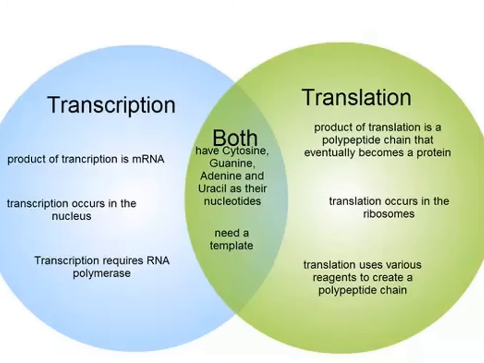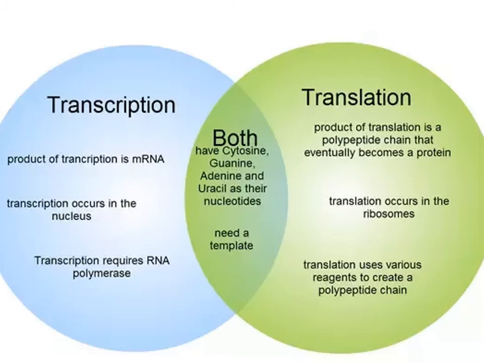Translation uses various reagents to create a polypeptide chain. Well, translation is using the mRNA, it's using the ribosomes, it's using the transfer RNA to bring in individual amino acids. So I think that's what they're referring to there. Okay, so there's a lot of moving parts to copying that mRNA and turning it into a protein.